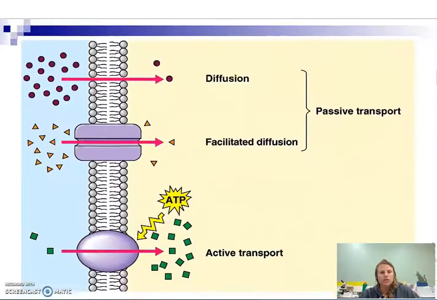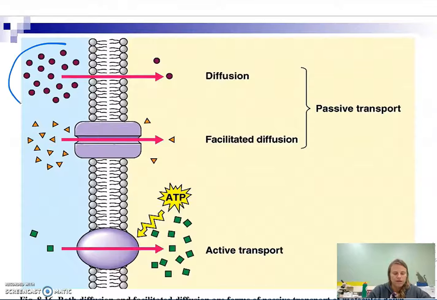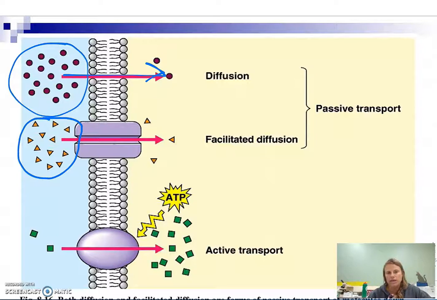So here's an image that shows small non-charged molecules being able to diffuse across the membrane without the help of a membrane protein. However, charged molecules and bigger molecules are going to require membrane proteins.